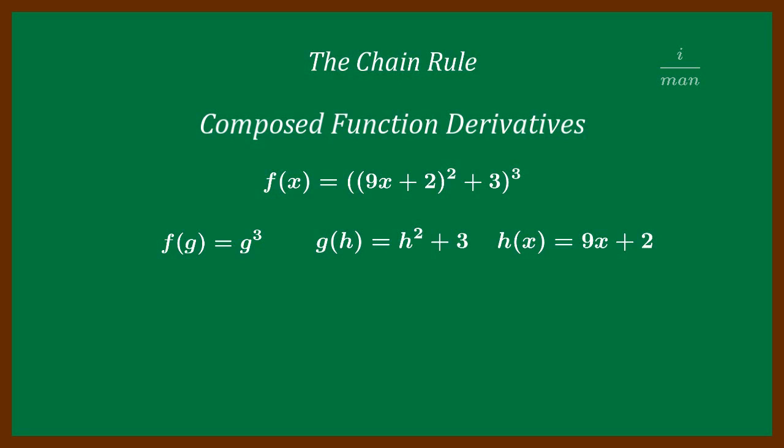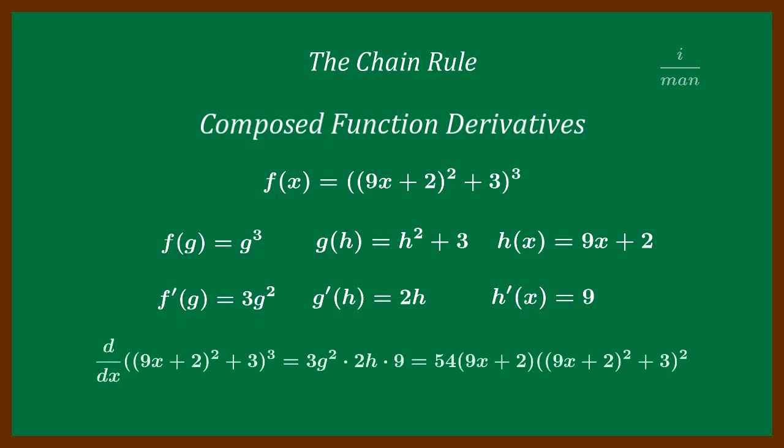To use the chain rule, we take the derivatives one at a time. F prime of g is 3g squared. G prime of h is 2h. And h prime of x is 9. Using the chain rule, we multiply all those together.